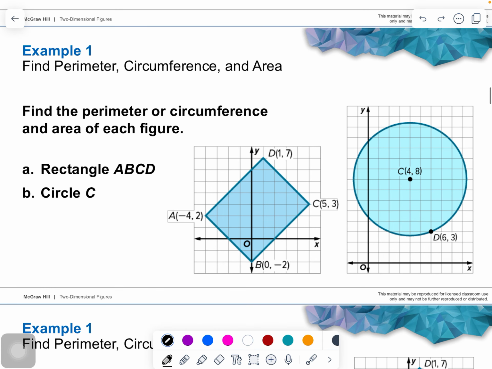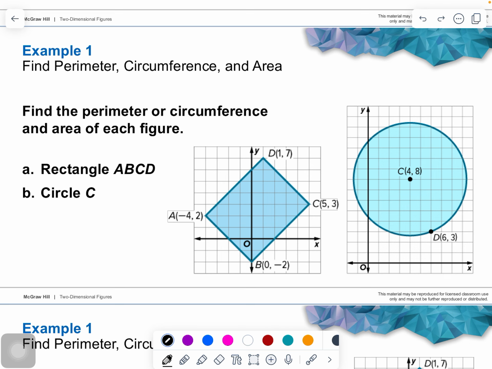Now, for example 1, it tells us to find the perimeter or circumference and area of each figure. So for rectangle ABCD, we're going to find the perimeter by doing the distance formula of each of the sides. And then once we find the distance formula, we can solve for the perimeter, solve for the area.